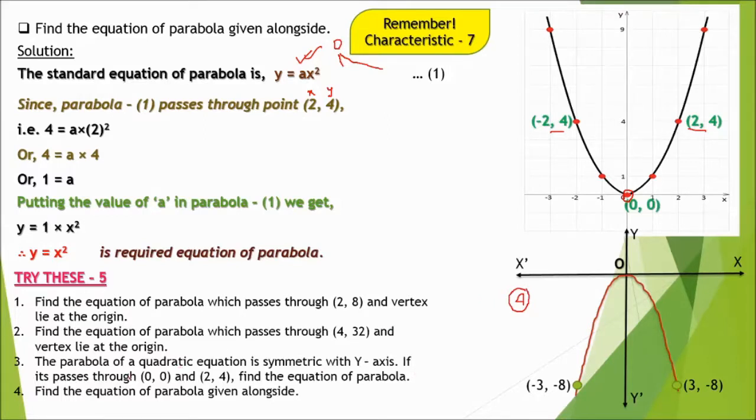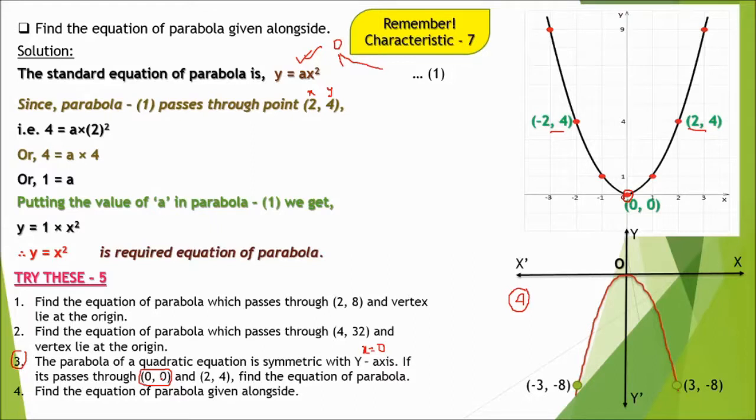And if you are confused with equation number 3, the parabola of a quadratic equation is symmetric with the y-axis. That means the line of symmetry, x is equal to 0, is the equation of the line of symmetry. It is not mentioned in the question, but you have to understand that this is the vertex, because the equation of the line of symmetry is the y-axis.